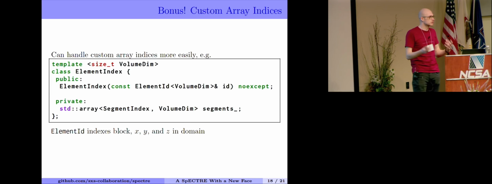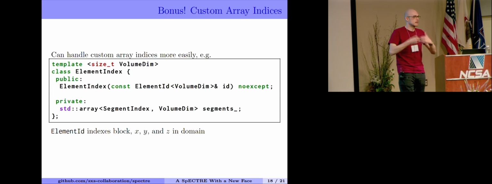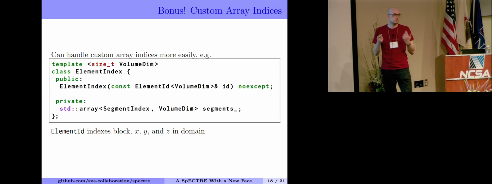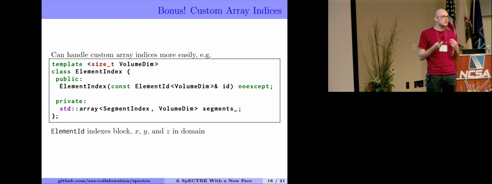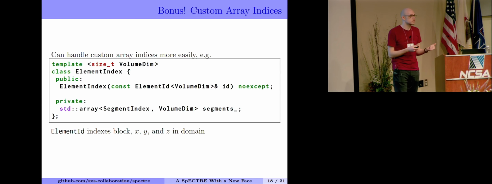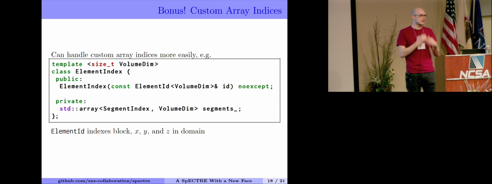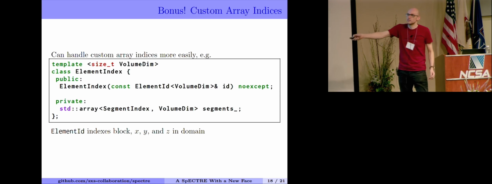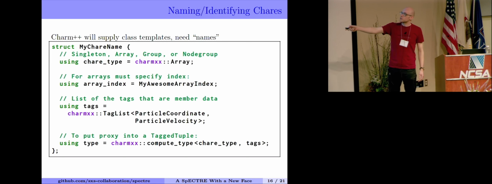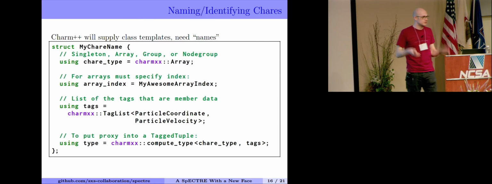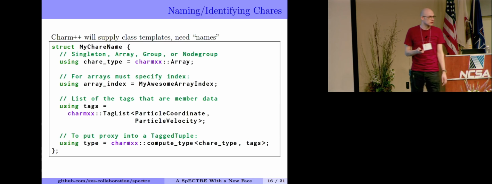So I can just use this class to index my array. I don't have to write any extra code for Charm++. You just kind of get this for free along the way. This makes indexing into arrays a lot easier. You don't have to write any conversion code or anything like that. You just write this thing, and then say up here, instead of my awesome array index, you use element index. And then you can index into it using that struct.